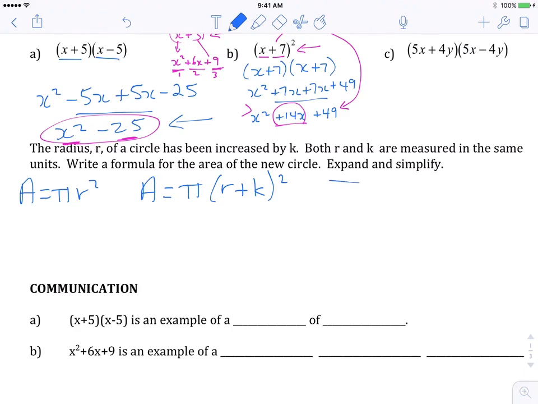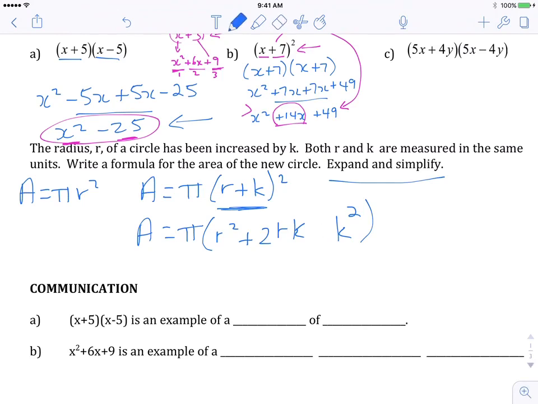If we want to expand and simplify, as the question tells us to do, I will leave the pi alone, and I'm going to work on this perfect square trinomial. So I know that the first term will be r squared. The middle term will be r times k, which is rk, but I'm going to double that, so it'll be plus 2rk, and then plus k squared.